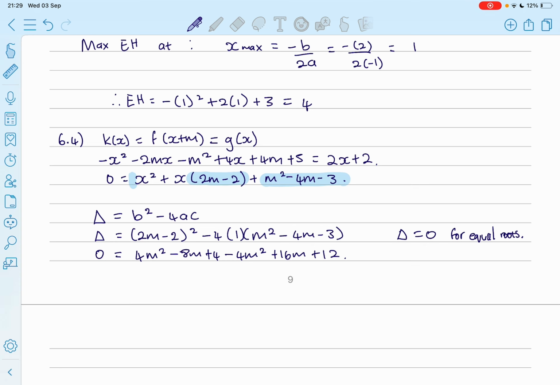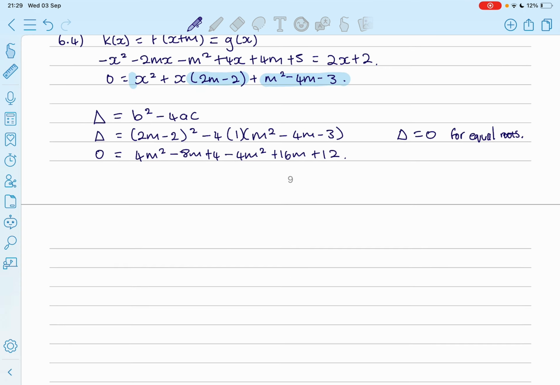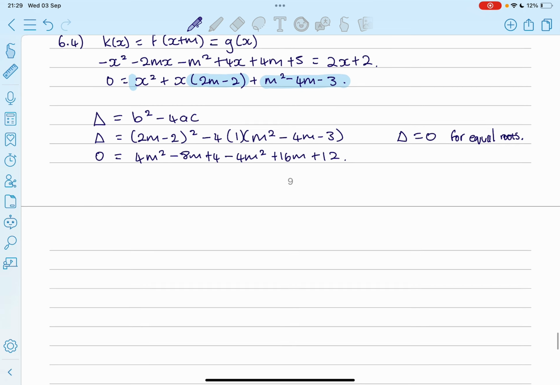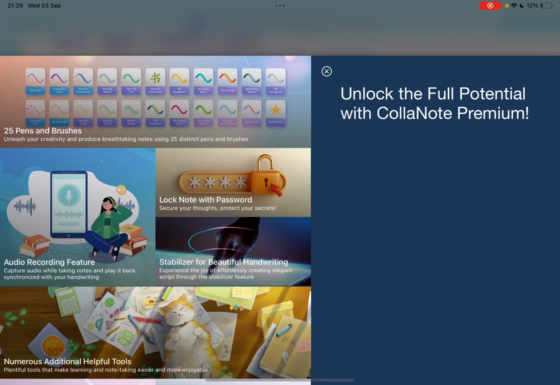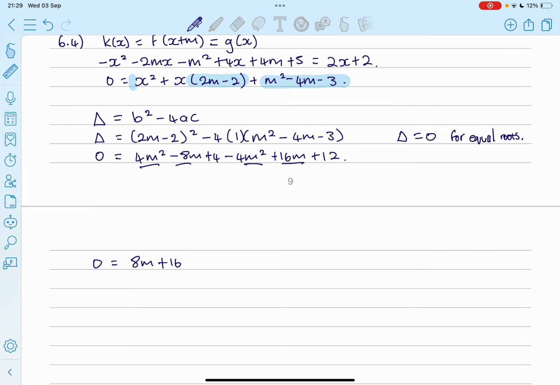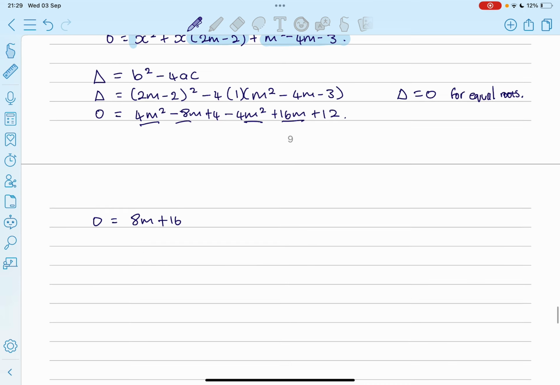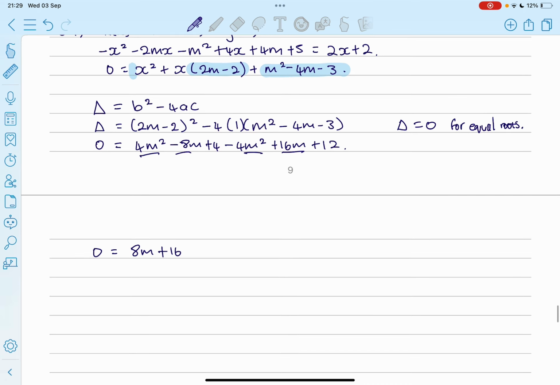Okay, we're starting to see the light. Simplifying this further, we have 0 is equal to, so 4 minus 4, that becomes 0, and then 16 minus 8 is positive 8m, and then 4 plus 12, that's 16. So now we've reached a point where we can actually solve for m, because that's what we're trying to find.